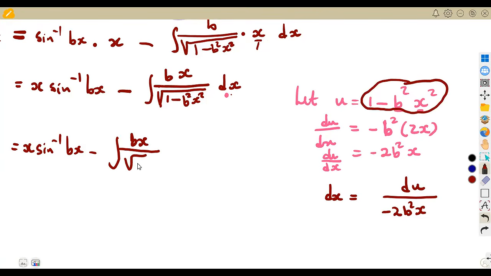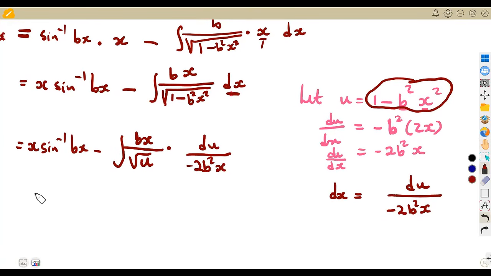So it is going to be the square root of u, times dx. We substitute now dx with what we got here, which is du over negative 2b squared x. So this is what we are now keeping our eye on so that we can integrate. The first part, like I said, is just going to remain as it is, so it's arcsine of bx here.